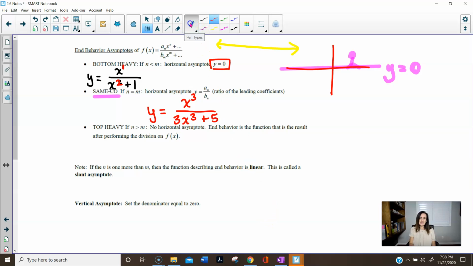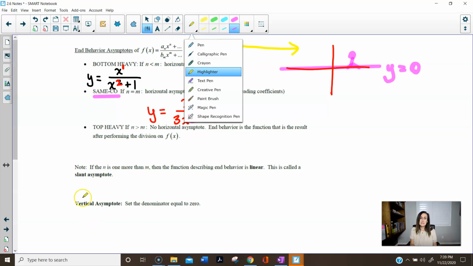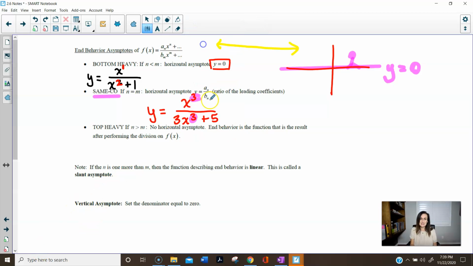So you can see that the top has a degree of 3 and the bottom has a degree of 3. And so because the degree is the same in the top as the bottom, we know that it's going to be the same, all right? Same degree. So what does the co stand for? That means that the horizontal asymptote, which is always a y equals line, is going to be the coefficient, which is 1 over 3.